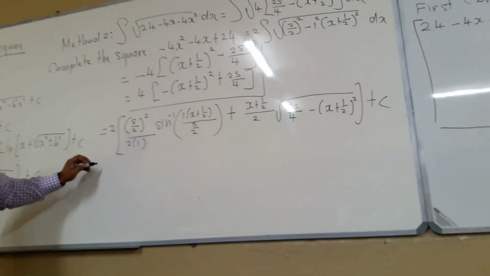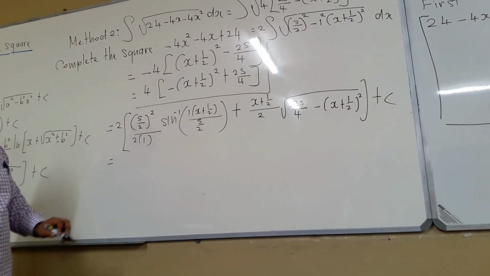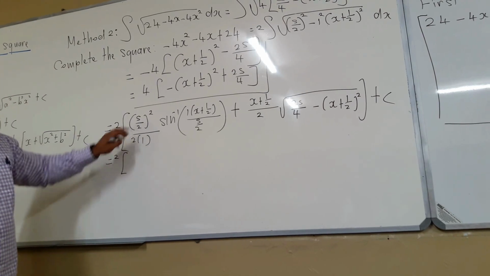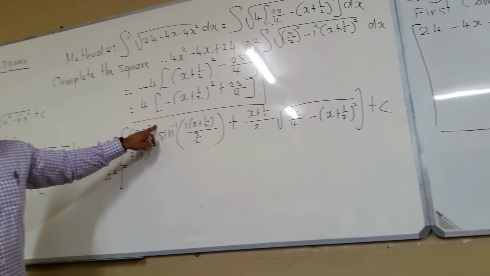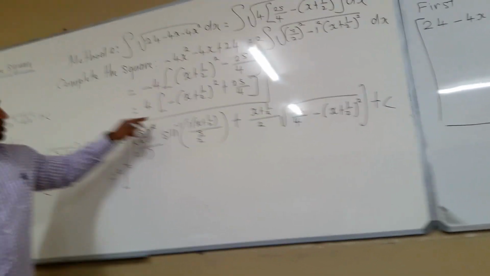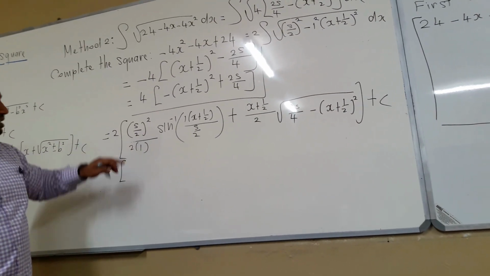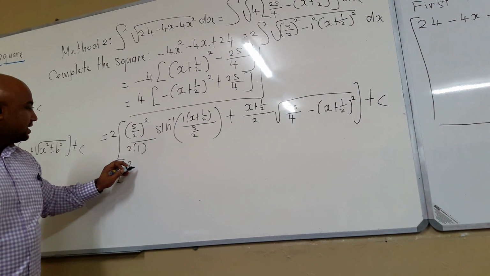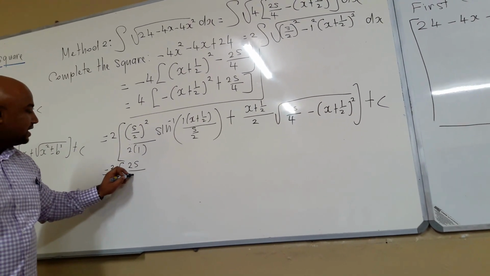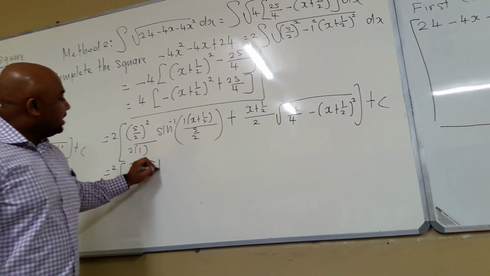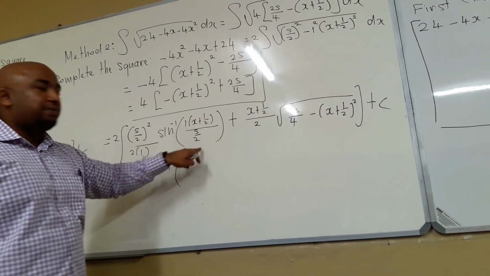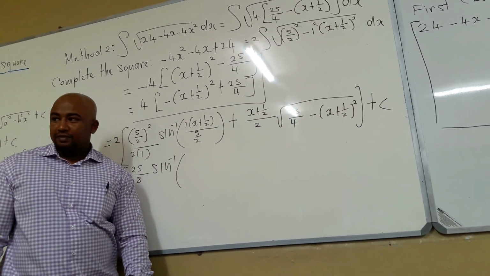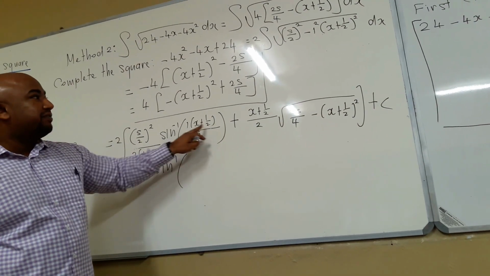Okay. So now, I got my 2 here. This will be 5 over 2 all squared. 5 squared is 25, 2 squared is 4. 25 over 4 divided by 2 will be 25 over 8 inverse sine x plus 1 over 2 divided by 5 over 2. Okay, I can simplify this further.